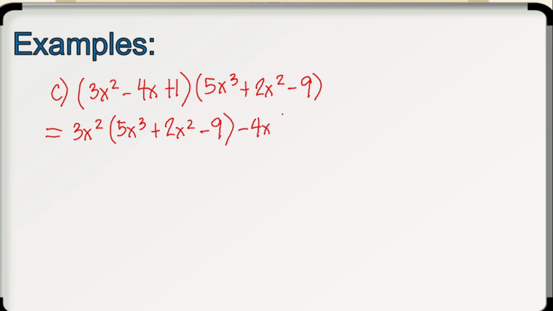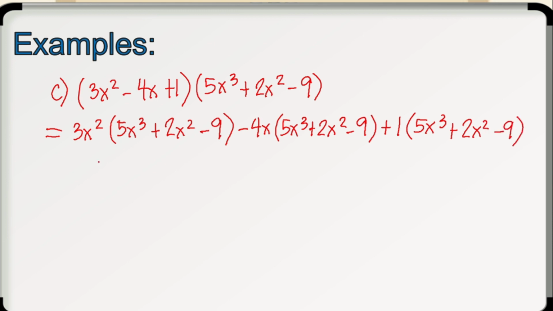Negative 4x times the quantity of 5x cubed plus 2x squared minus 9. And positive 1 times the quantity of 5x cubed plus 2x squared minus 9.